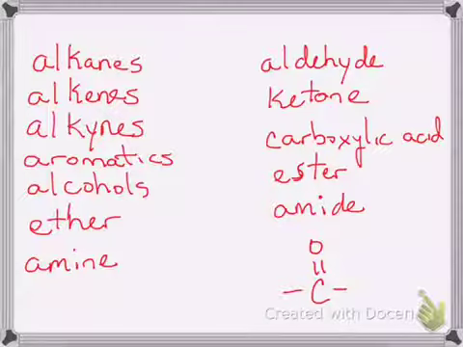A carbonyl group is anywhere where you see a carbon double bonded to an oxygen. So if you see a carbonyl group in a structure, or you're trying to draw an amide, an ester, a carboxylic acid, and so forth, you're going to need a carbonyl group in there. The left-hand column, none of them have carbonyl groups, so I sort of separate them in my head a little bit that way, just to kind of minimize the number of things I need to memorize.